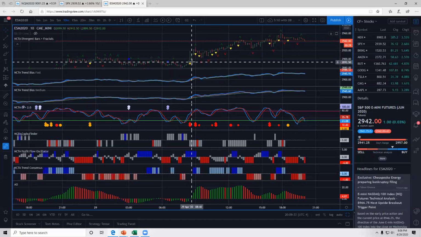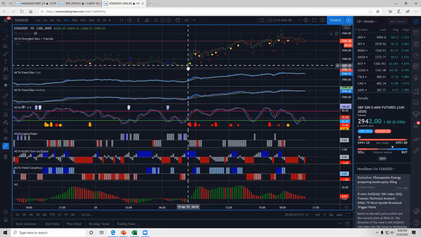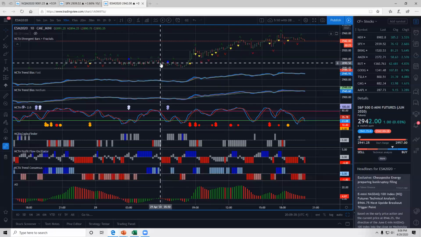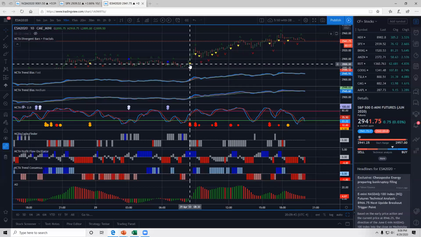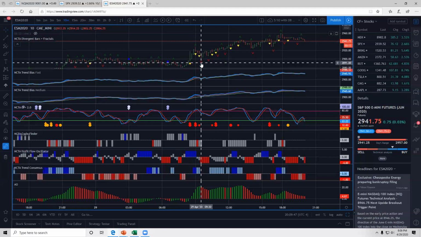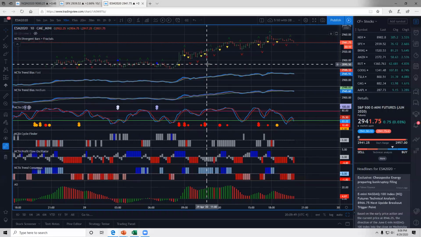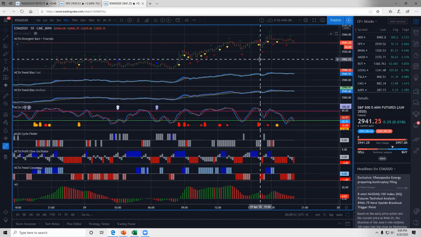In the meantime, when you get the email tomorrow, you will immediately have access to being able to put divergent bars on your price bar. What we've done is we've created an indicator that is a combination of divergent bars and fractals all in one indicator tool, so you can have those on your price bars.